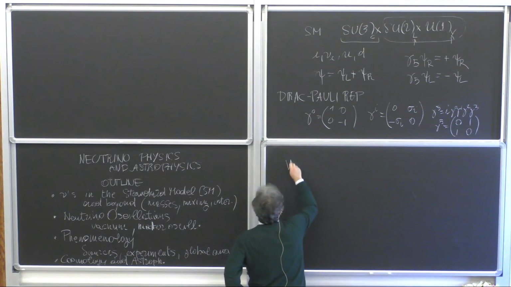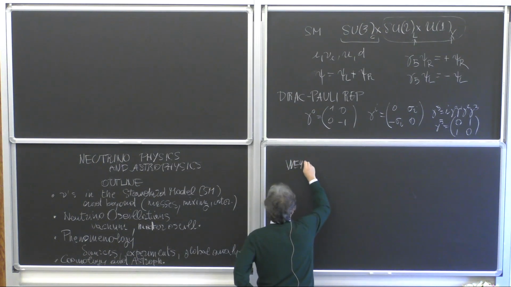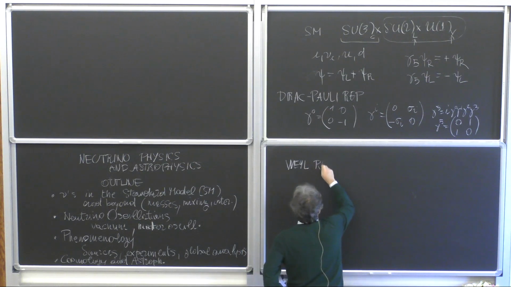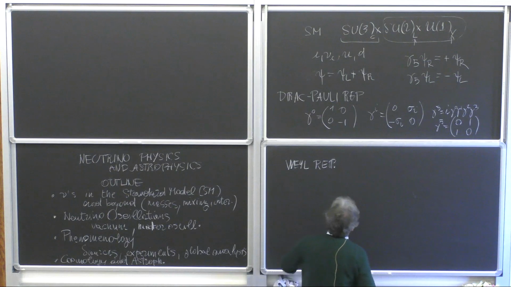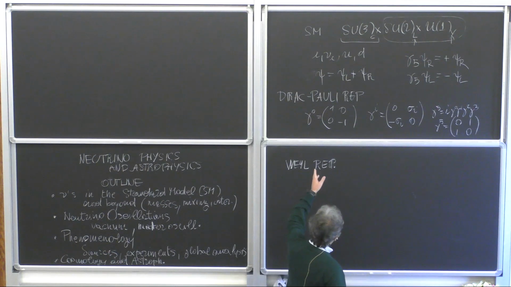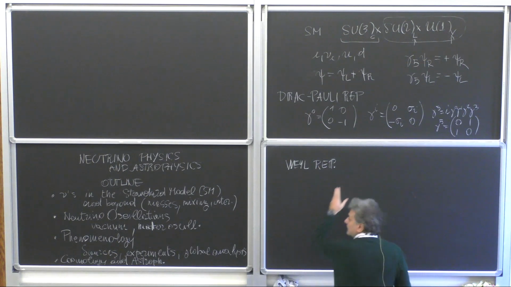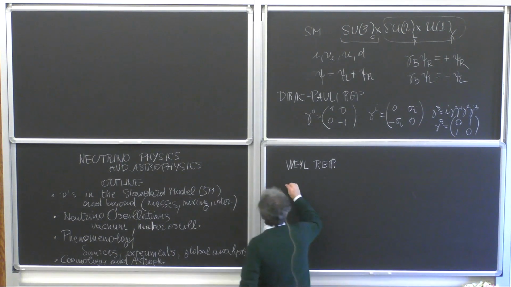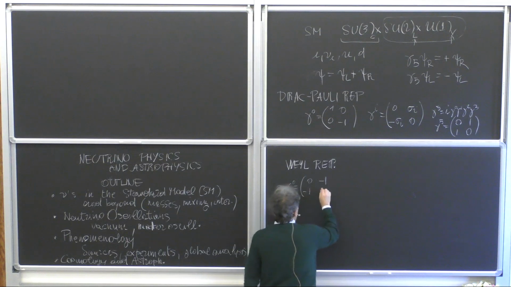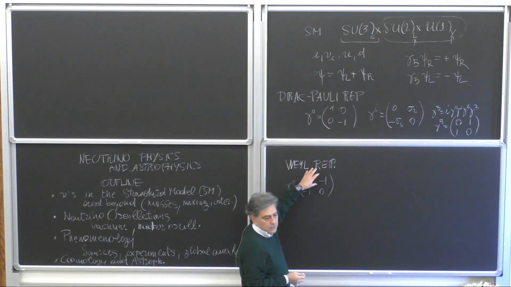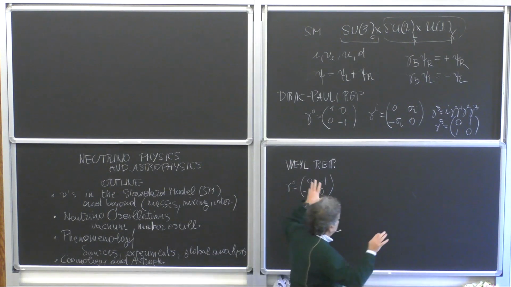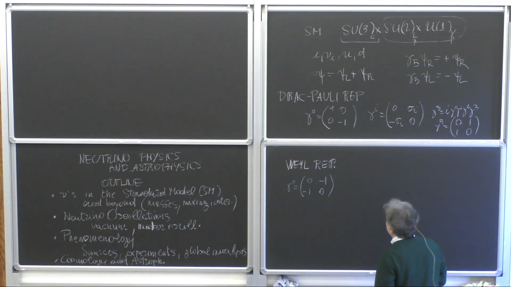use the Weyl representation. So in the Weyl representation, the role of gamma 0 and gamma 5 is interchanged. So gamma 0 is not diagonal. By the way, here these blocks are 2 times 2 matrices, because the gammas are 4-dimensional.